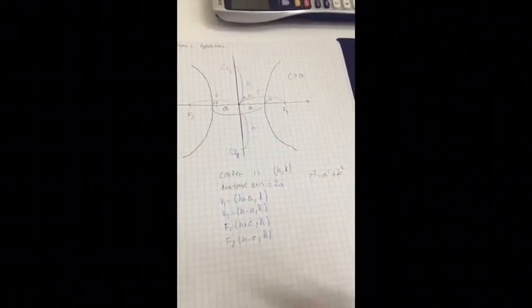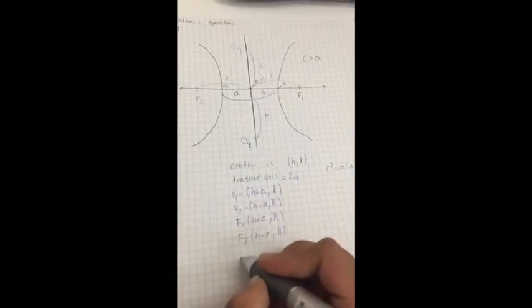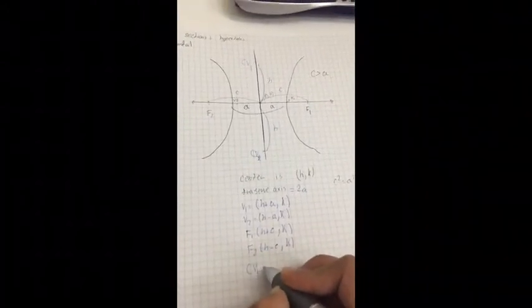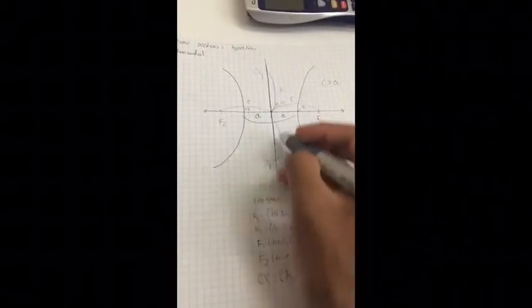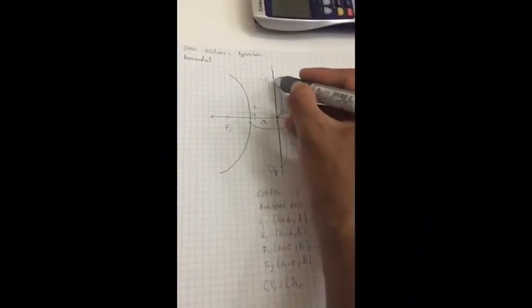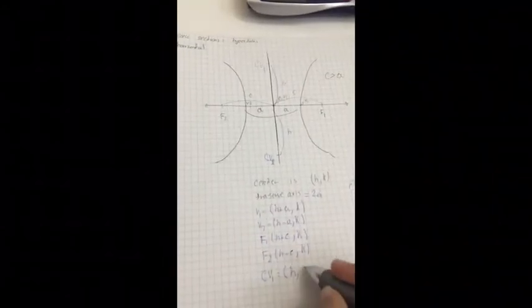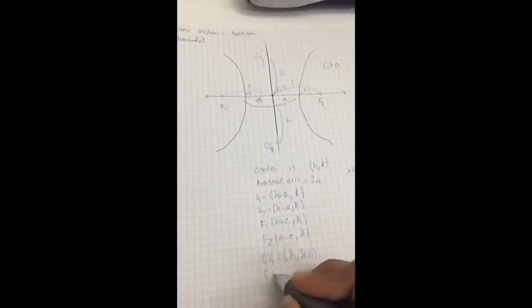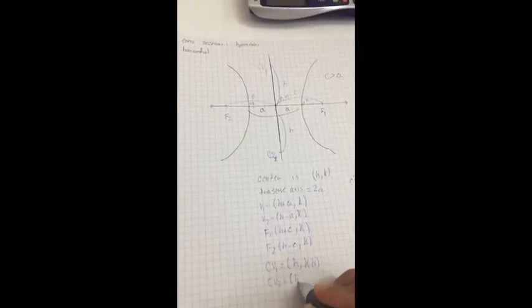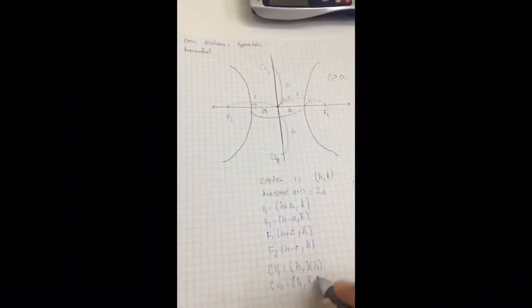As we can see, CV1 is equal to h, which stays the same, but k changes because here it is on the y axis. So k plus b, and CV2 equals h, k minus b.